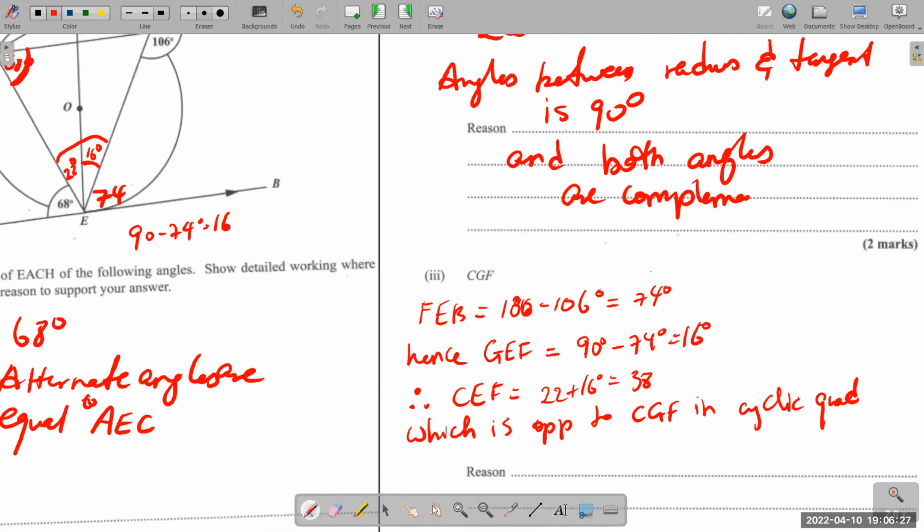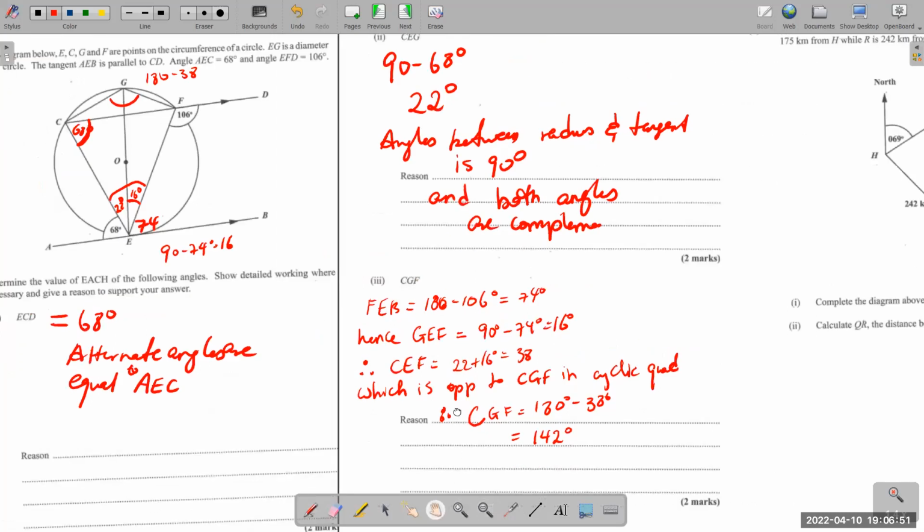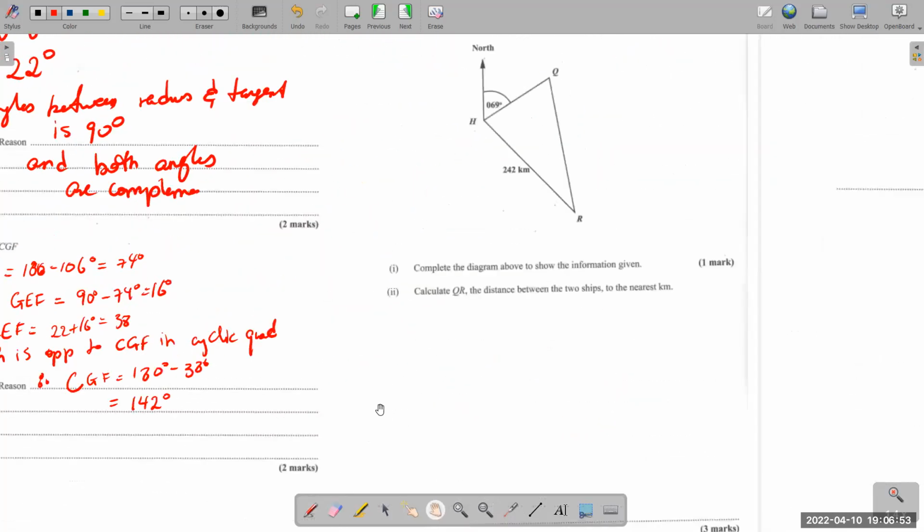Since we know that it's opposite, you could therefore, or hence, say CGF is equal to 180 degrees minus 38, which is 142 degrees. That one was a little stiff, but we did it.